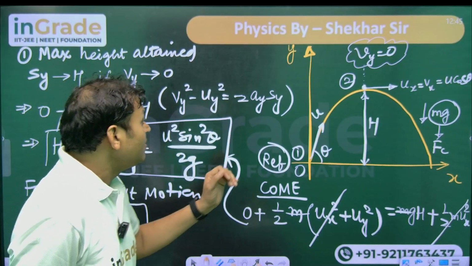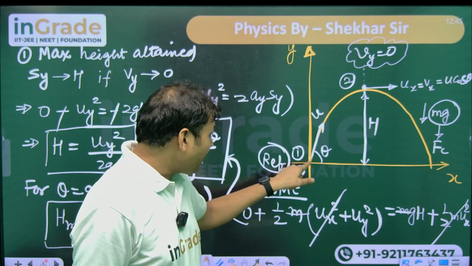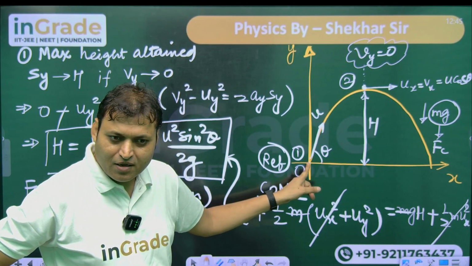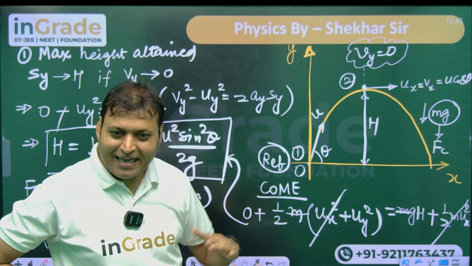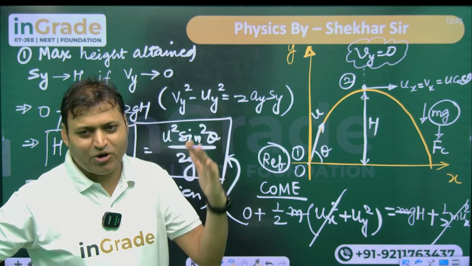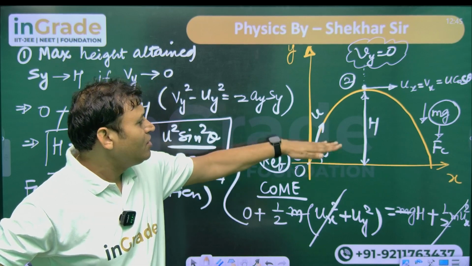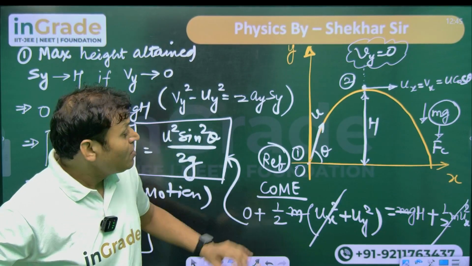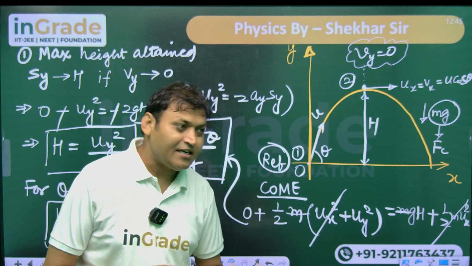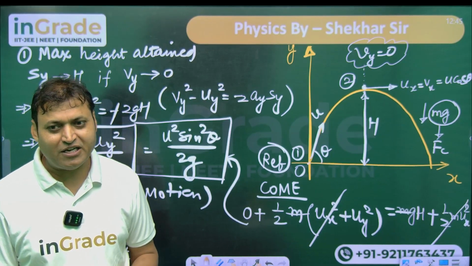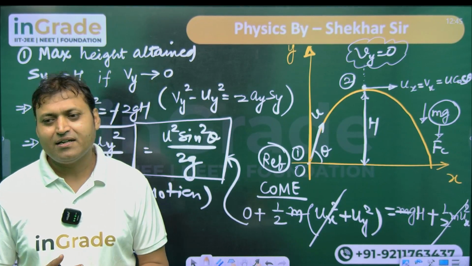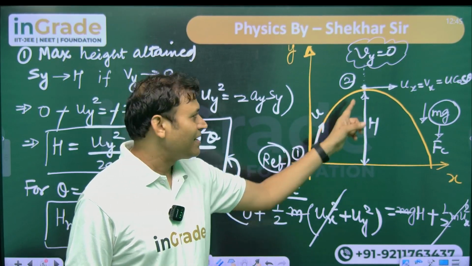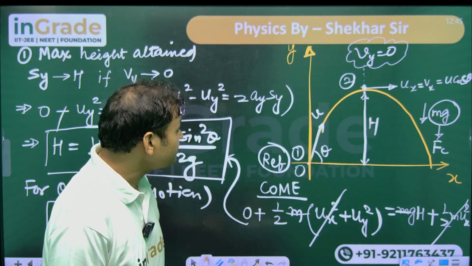Now, at the initial point, the only energy is kinetic energy. But as the particle moves up, there is an increase in potential energy. Potential energy at the reference line is 0. If the particle is moving above the reference line, there is an increase in potential energy. So if there is an increase in potential energy, it must be at the cost of loss in kinetic energy. So we can say gain in potential energy up to this point is the same as the loss of kinetic energy between these 2 points.